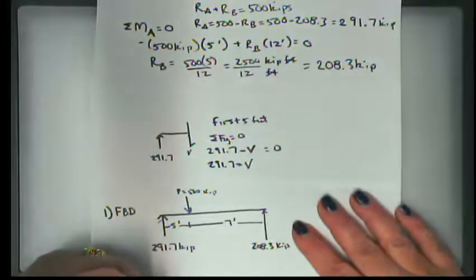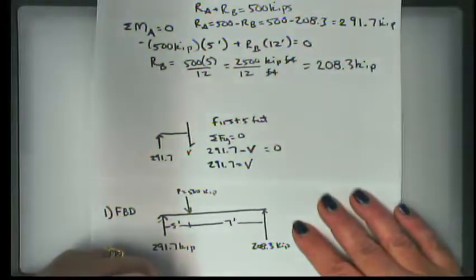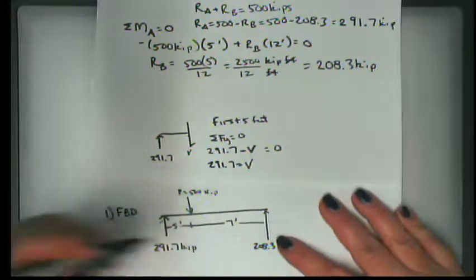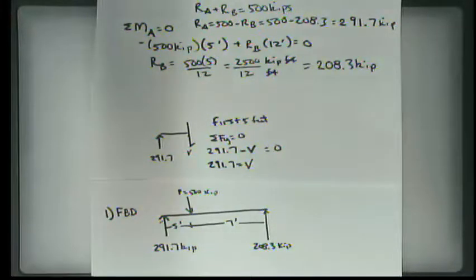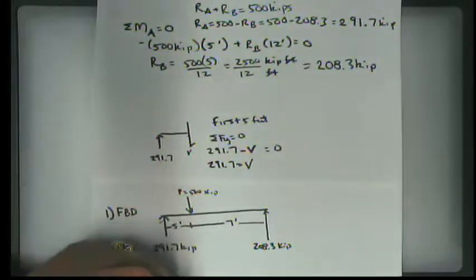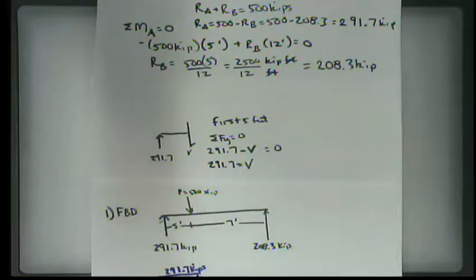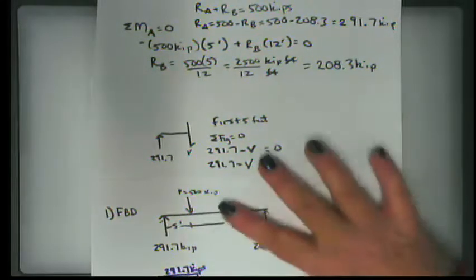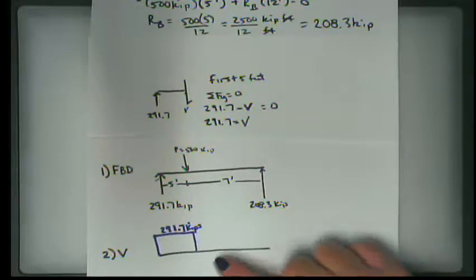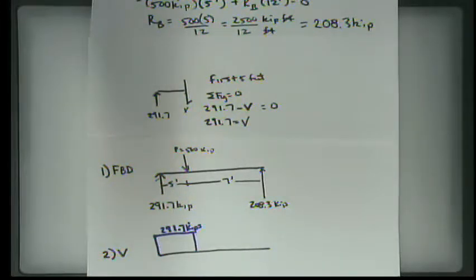That means that my shear response for the first 5 feet is a positive 291.7 kips. All right, now this brings up another really important thing about shear. Shear tends to have humongous discontinuities. Moments, not as much.